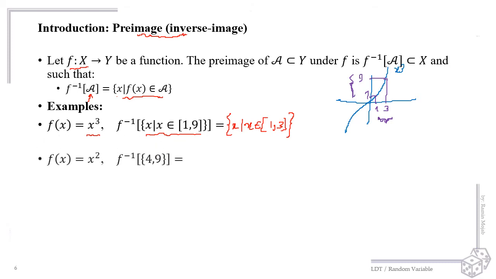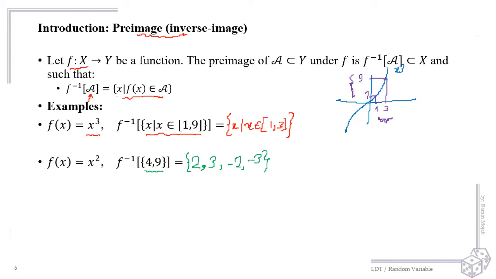Consider another example, x squared. Here the preimage of this subset of the codomain under f is 2 and 3. Is that all? The answer is no, because -2 and -3 are also in this preimage.